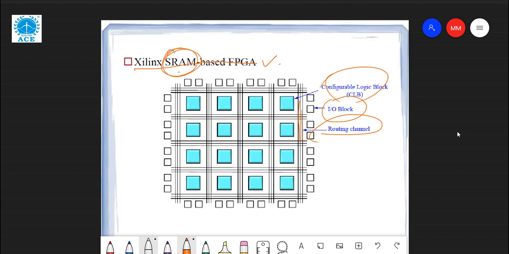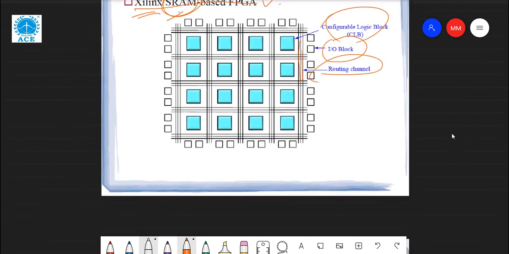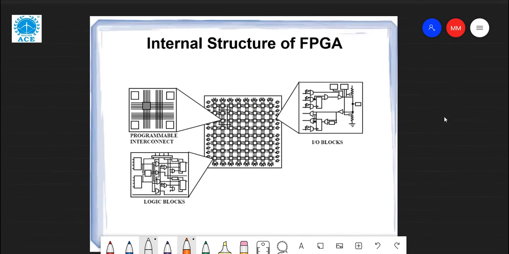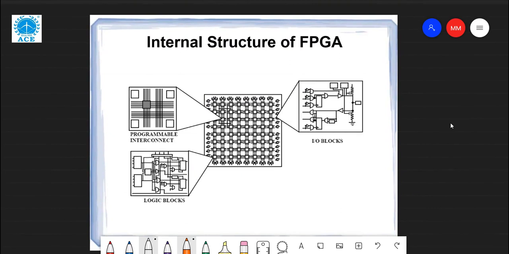Now we are going to discuss the Xilinx SRAM based technique, that is, the method for programming. The internal structure of the FPGAs looks like this. This is the programming interconnects with the functional block, and these are the logic blocks.